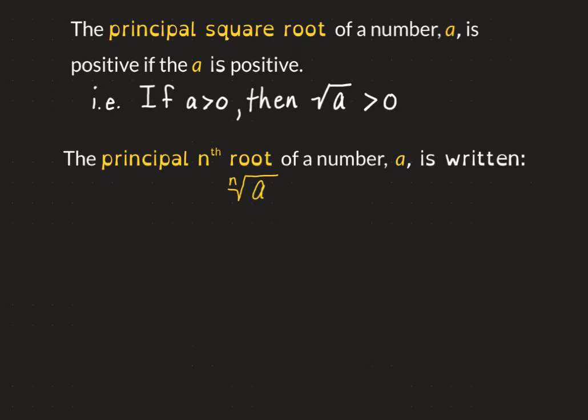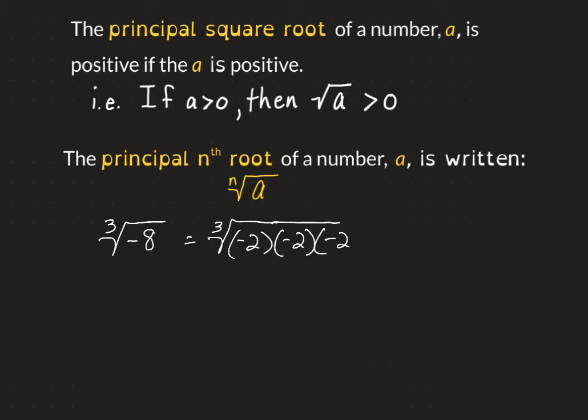We'll do that later. However, there is a cube root of negative 8, because negative 8 can be rewritten as negative 2 times negative 2, which will give you a positive 4, times negative 2, which gives you that negative 8.